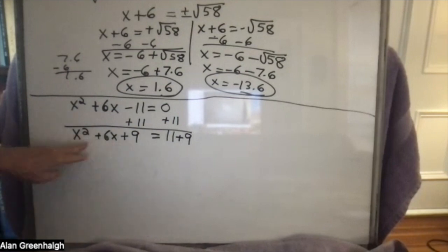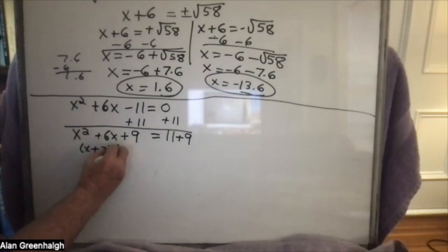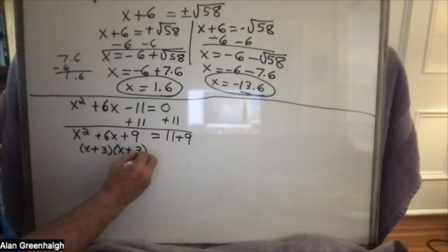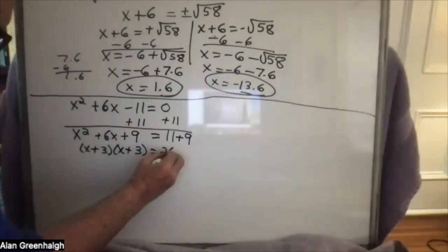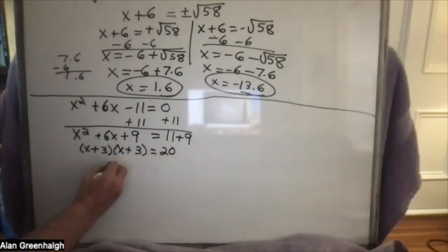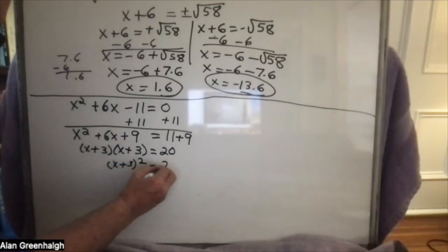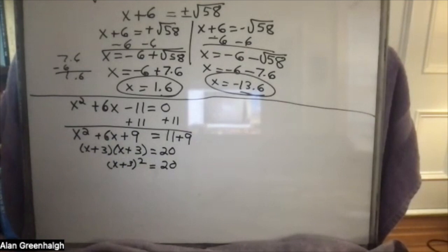Now you're able to factor this into x plus 3 times x plus 3 equals 20. X plus 3 squared equals 20.